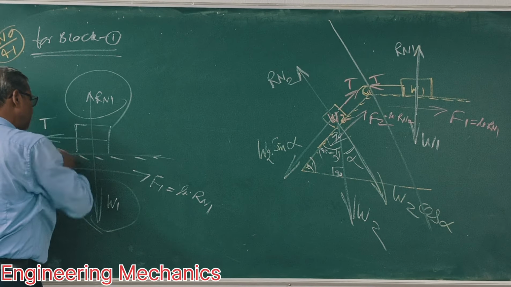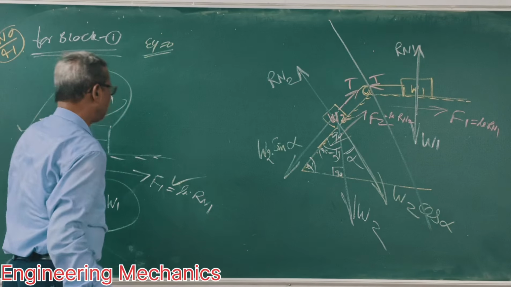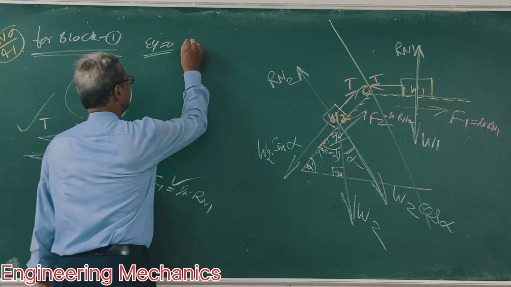First, sigma x or y. Sigma y equals 0. What is Rn1 equal to? W1. Clear? What is T equal to? F1 means mu Rn1. So T is equal to mu W1. Equation 1.